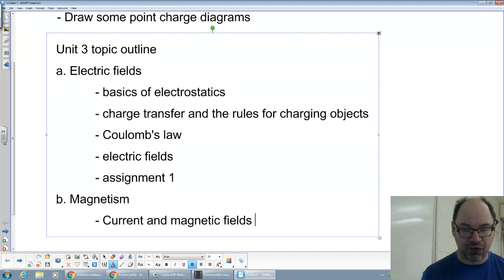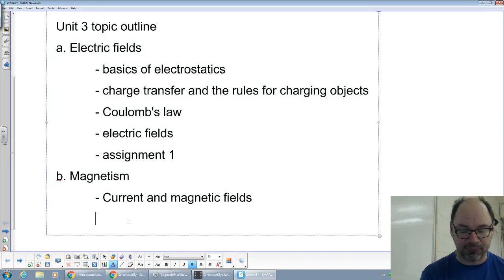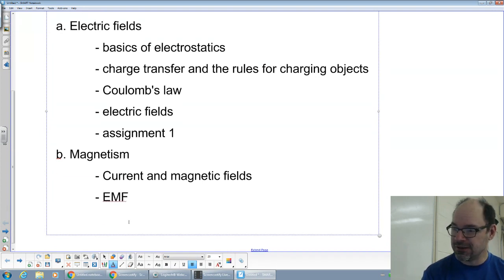Okay, we'll also look at EMF, electromotive force. We're also going to look at the right-hand rule and the motor principle.